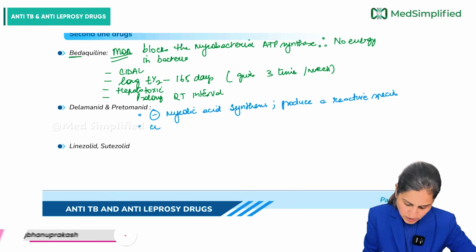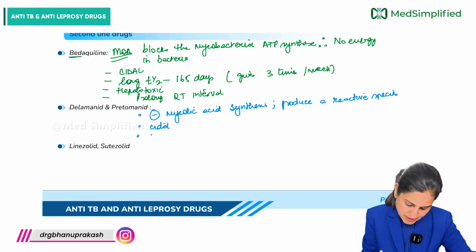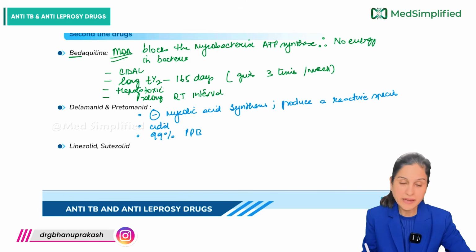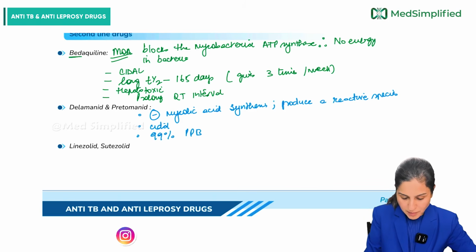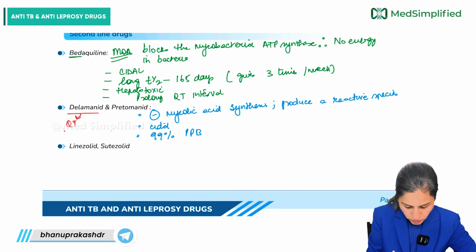Again, this is also a bactericidal drug, and they are 99% plasma protein bound. About the adverse effects, delamanid causes QT prolongation.